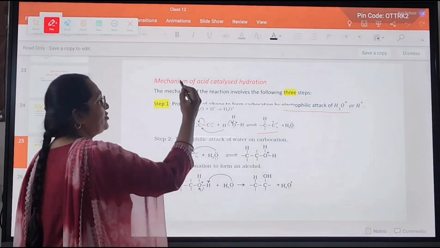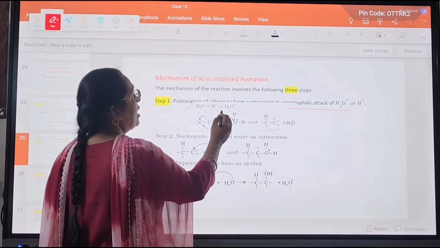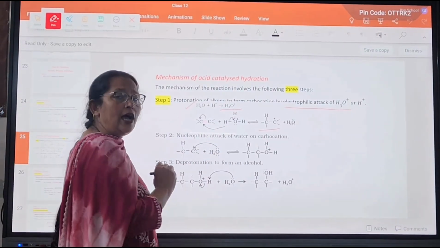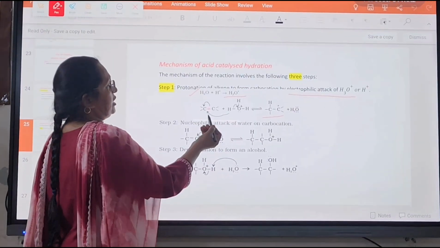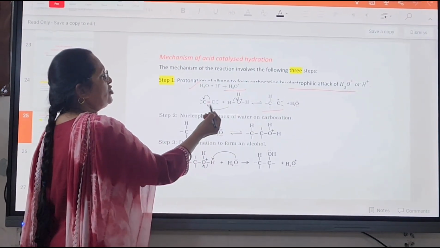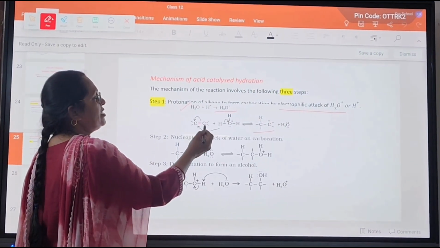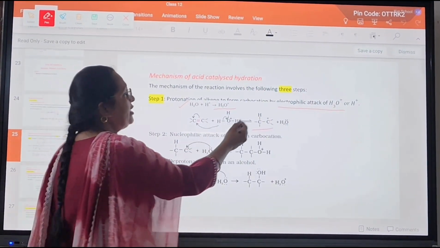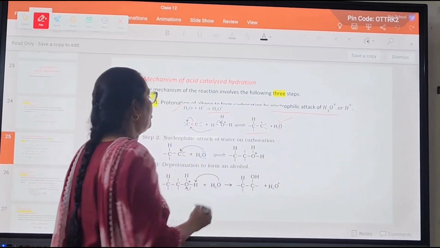The water reacts with the H+ ion provided by the sulfuric acid and it gives the electrophile, the hydronium ion. This hydronium ion is seeking the loosely bound pi electrons present in the carbon-carbon double bond, and it gives the carbocation and the water molecule.